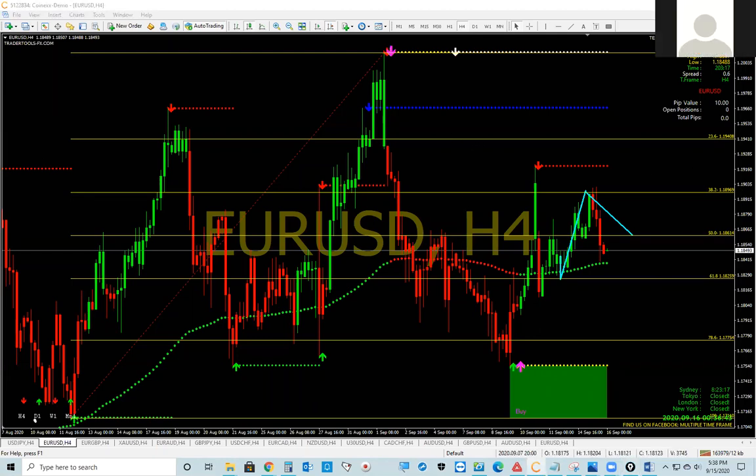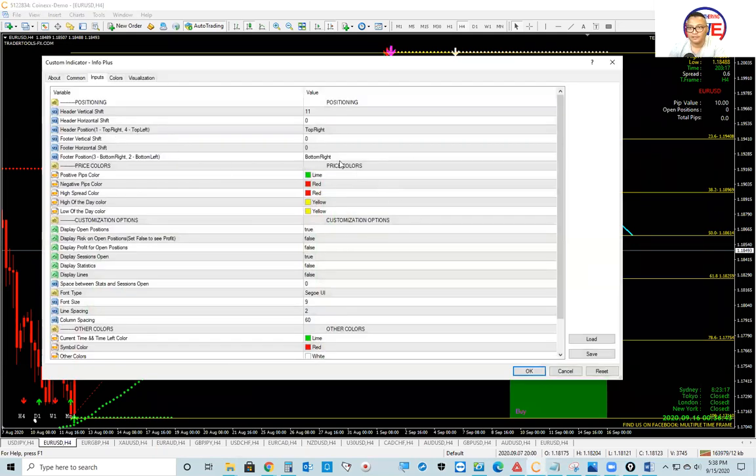Pay attention to the settings that I have here. Take a picture of it because this will help you out. If you want to have exactly how I have mine, take a picture of this one. I have top right, bottom right, line, red, red, yellow, yellow. See here, you need to have the display session open set to true, and the rest can be false.